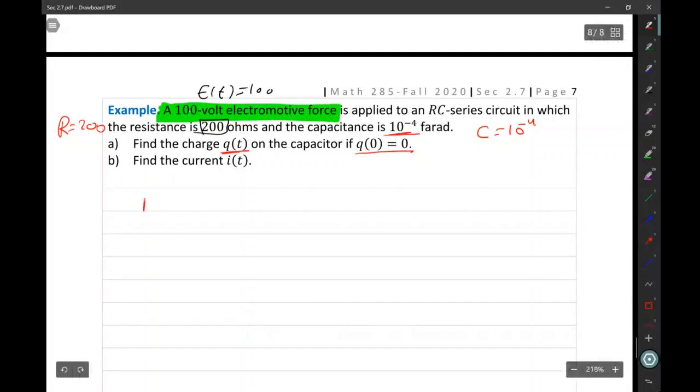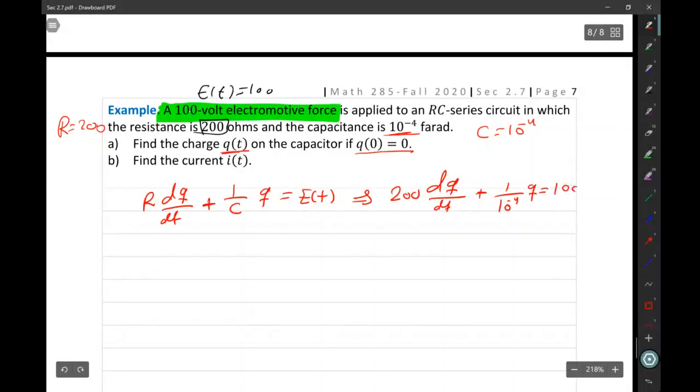Of course, this is an RC series circuit. So it is R dq by dt plus 1 by C times Q is equal to E of t. So that becomes 200 times dq by dt plus 1 by 10 to the power minus 4 times Q is equal to 100.